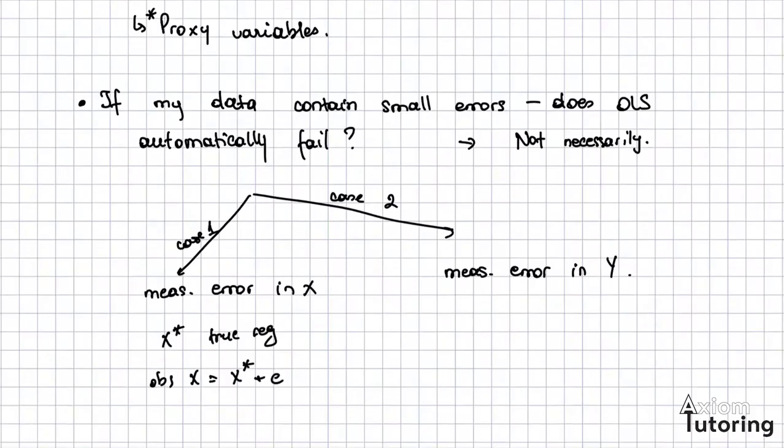And the other one is where Y star is the true outcome, but you observe Y, which is Y star plus some error. The consequences of these two case scenarios are completely different.